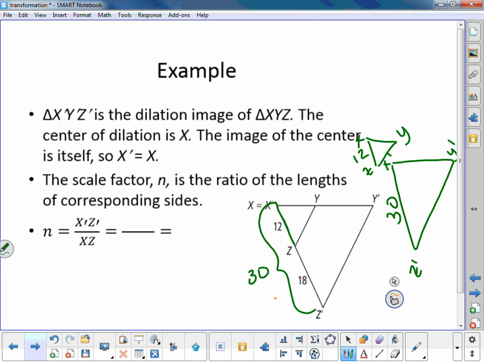So you would have 30 over the 12. And if you reduce this, you would get 10 over 4, which is 5 over 2. Okay? So it is getting larger. This is the same thing as saying 2.5. So it's 2.5 times larger than the other.